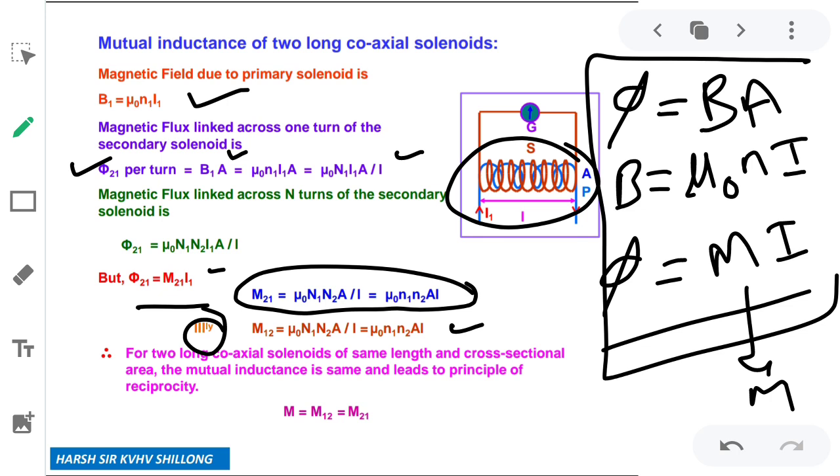From this we can prove that if primary and secondary are coaxial with common length, then the mutual inductance, whether you give current to the first or the second, is always the same. In the board exam they may ask you to prove that mutual inductance for the 2 coaxial coils is always the same, meaning M equal to M12 equal to M21. Or they may ask you to derive the formula for the mutual inductance for two coaxial coils. In that case also you have to do the same thing.